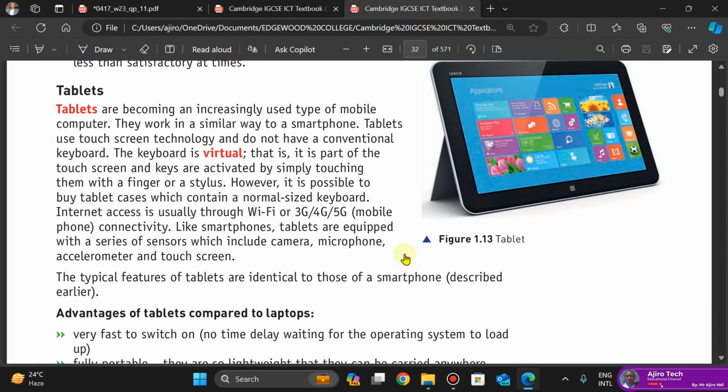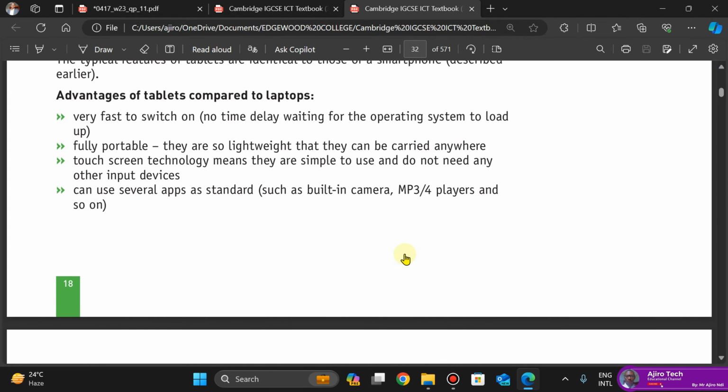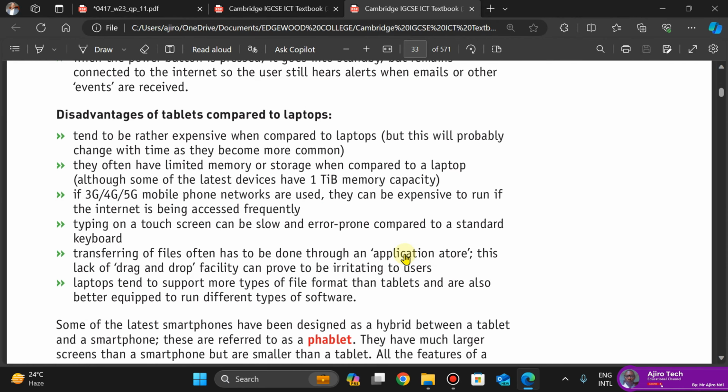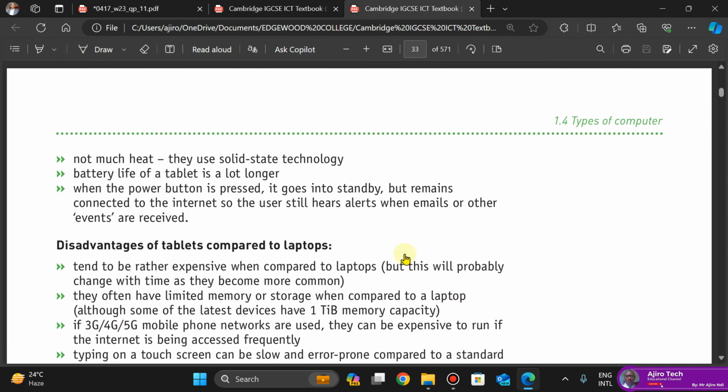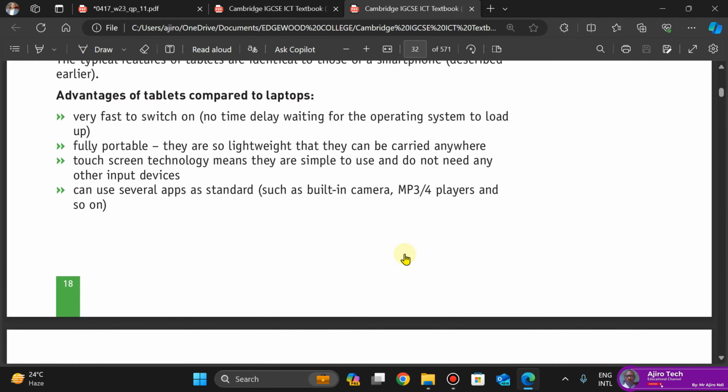Now we'll talk about tablets. They use the type of computer with virtual keyboards. So let's talk about the advantage of tablets compared to a smartphone. In this case, you're having your tablets here, comparing them to what? Your smartphone.